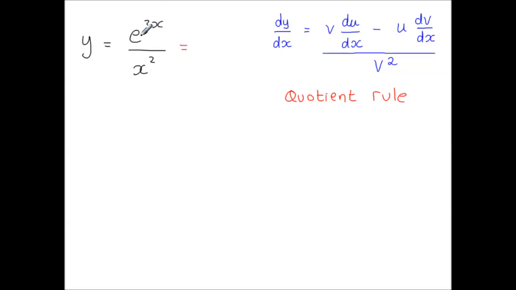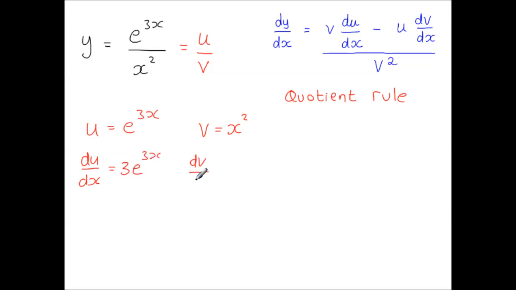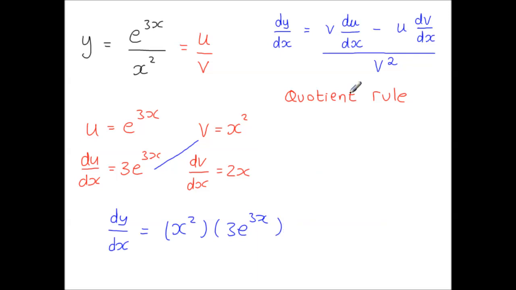So e to the power of 3x, that's u, and v is x squared, so if we write these like this, and then differentiate each one, so du by dx is equal to 3e to the 3x, and dv by dx is equal to 2x, and then dy by dx, and this is just applying this quotient rule now, v du dx, so we're cross multiplying like this, and that's always a minus in between, and you're cross multiplying like this.